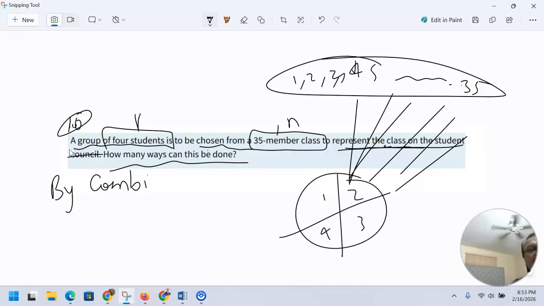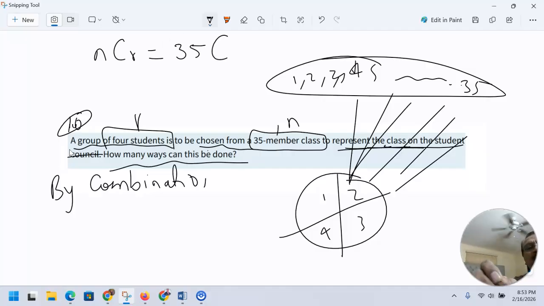The combination formula says it is nCr. Here n is 35, and you have four students, so r is 4. So you could write 35 factorial divided by r factorial, which is 4 factorial, times, and now you subtract.